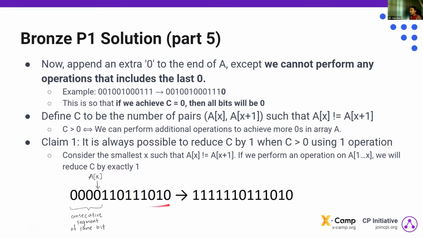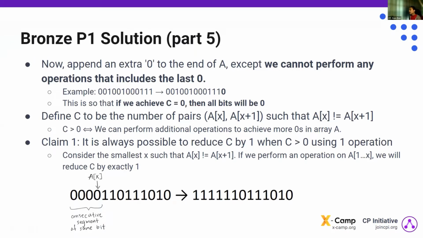If you still don't understand, we can take a look at this. C in this case will be 1, 2, 3, 4, 5, 6. Okay. And we appended an extra 0 to the end because if we achieve C equals 0, then all bits will be equal to 0.